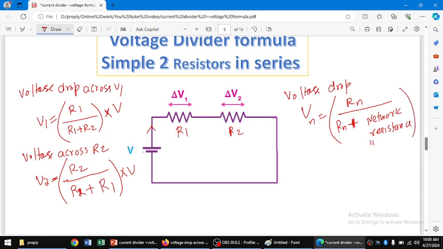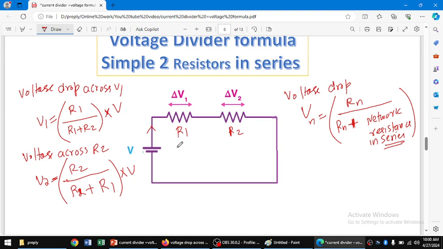Remember that all other resistances must be in series with Rn, this specific resistance. For example, to find the voltage drop across R1, R1 and R2 must be in series.